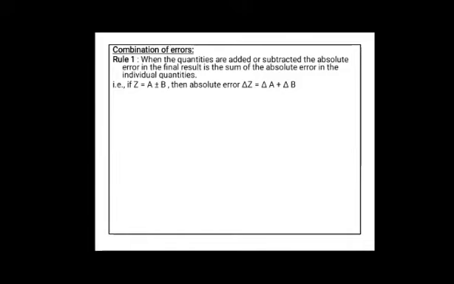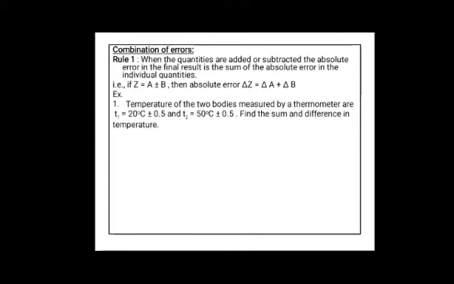Say if z is equal to a plus or minus b. What is this a and b? These are two quantities, which are added or subtracted. So a plus or minus b. Then the absolute error will be delta z is equal to delta a plus delta b.